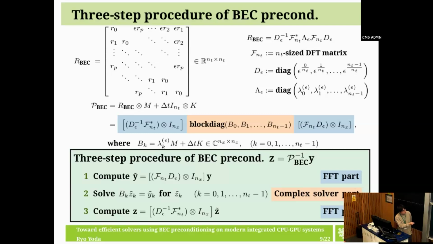The blue parts, the first and the third, correspond to the FFT part, and the orange one corresponds to the complex-valued block diagonal solver part.